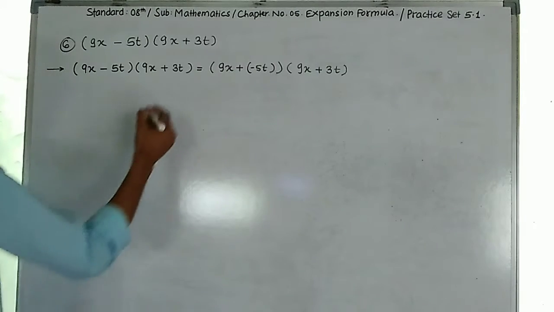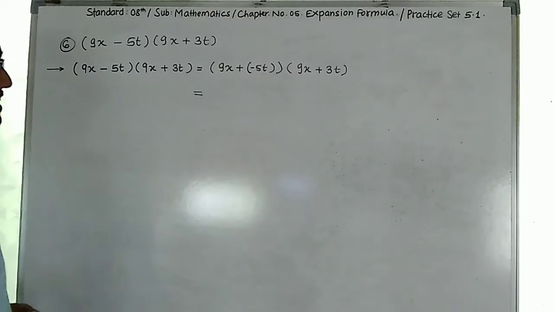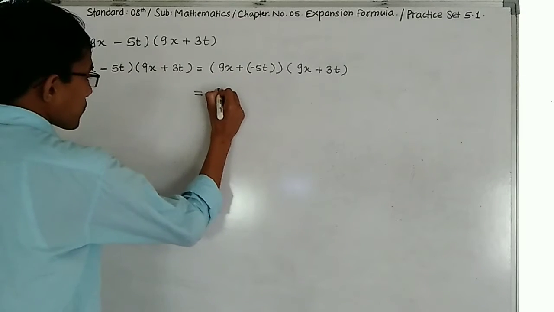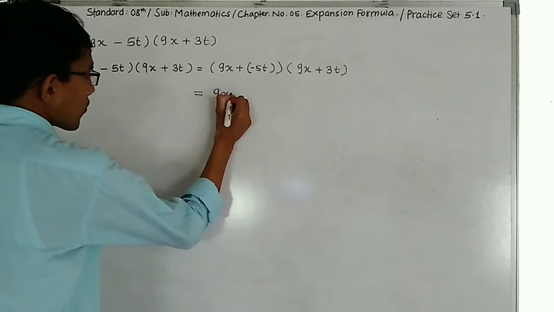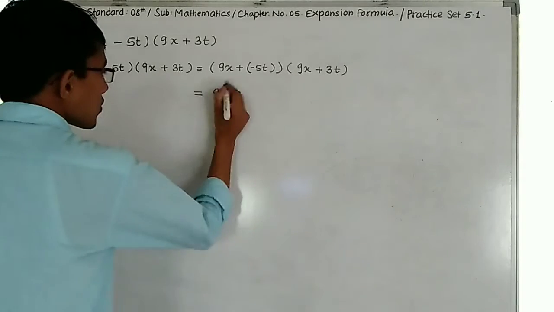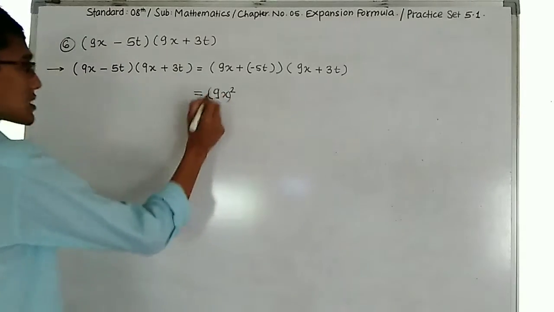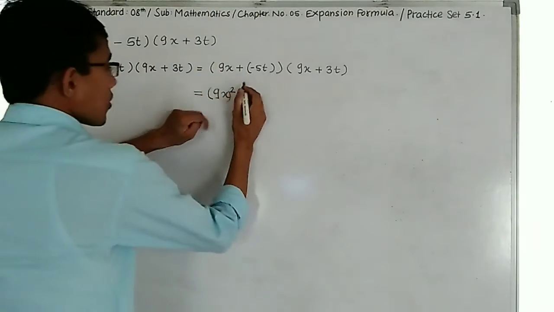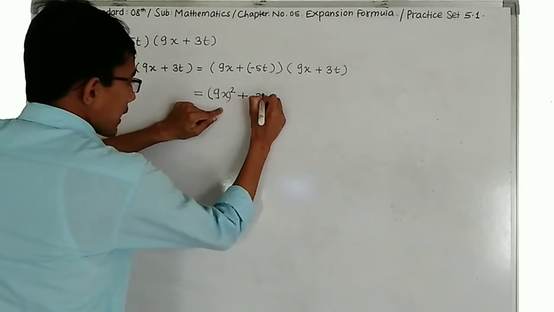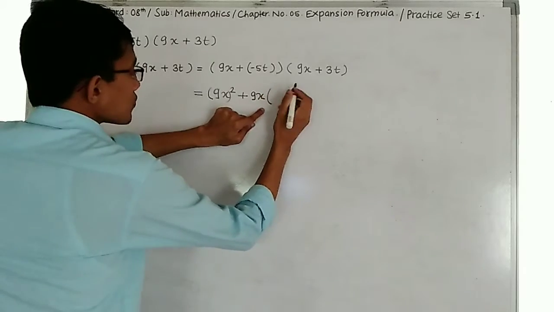Now we have got 9x plus minus 5t, 9x plus 3t. Okay, here we can use the expansion formula, that is (x + a) into (x + b). So (9x) square, the complete term will be under the square. Okay, (9x) raised to square, that is plus then x, 9x into a plus b.